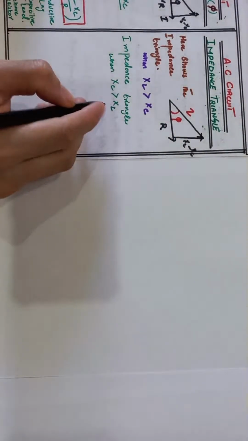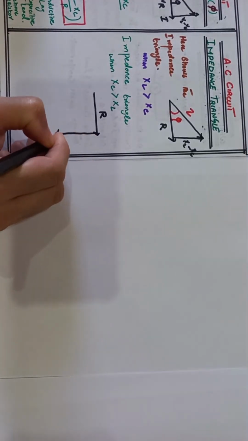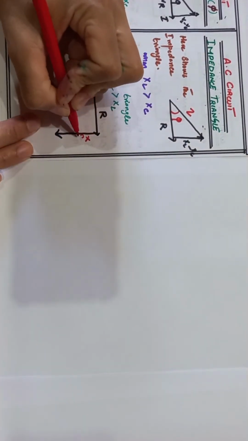So here we draw the diagram. On the reference axis we take the resistor R. Here we take the reactance, that is XC minus XL.